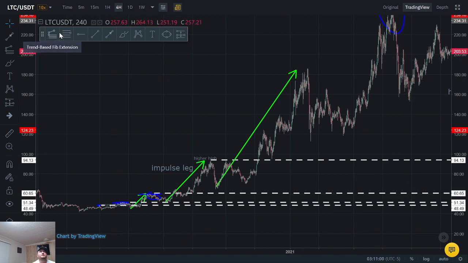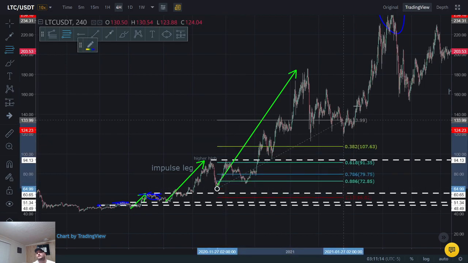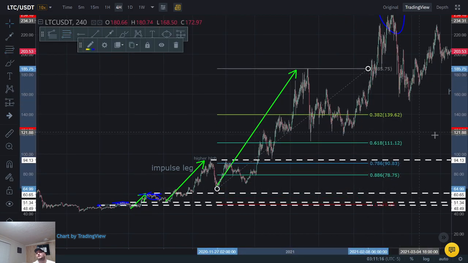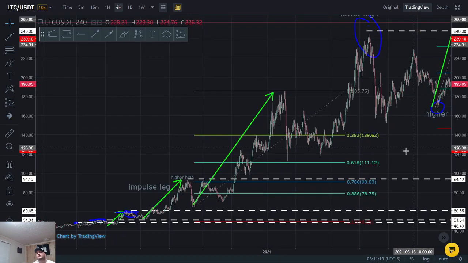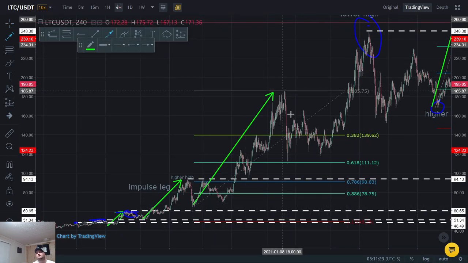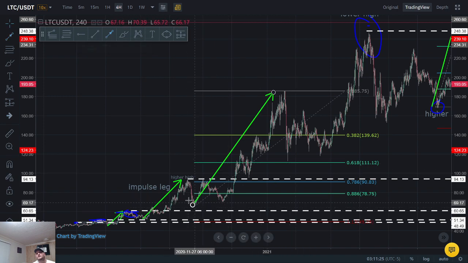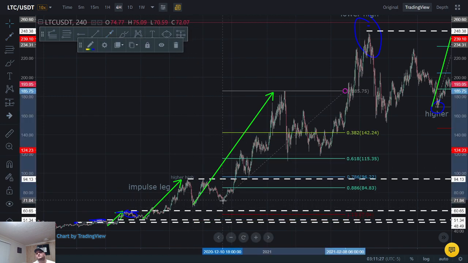So if you was trying to look at this trade and you was seeing that it broke previous structure and it was making this leg up, you would pull your Fibonacci from here. You would wait for the pullback. It looks like they used this one. This was their lower high here.